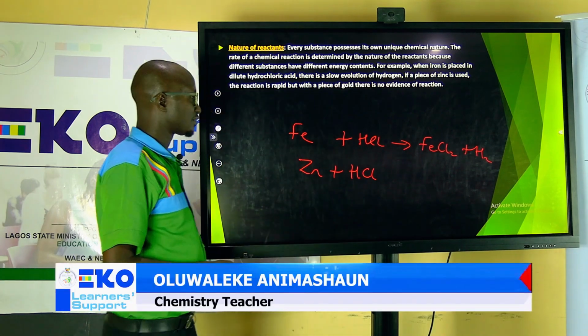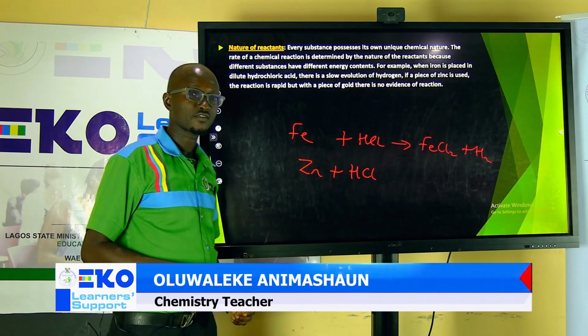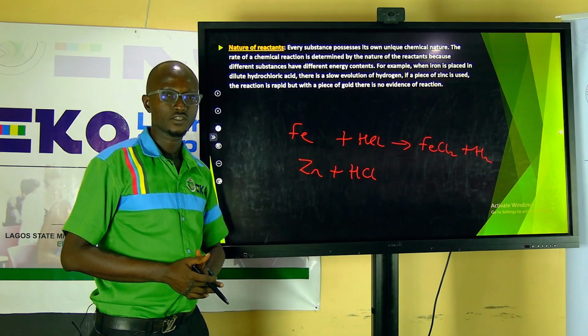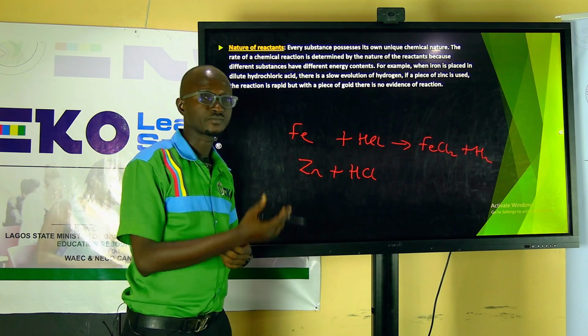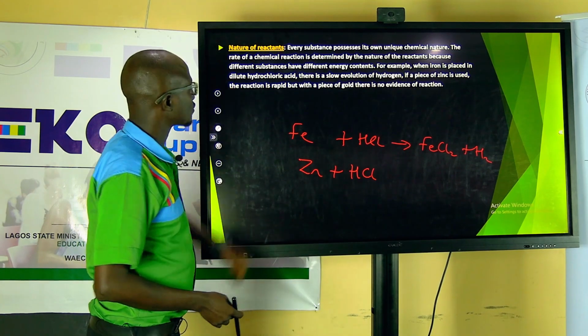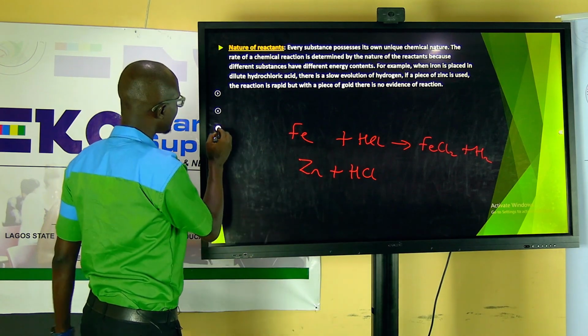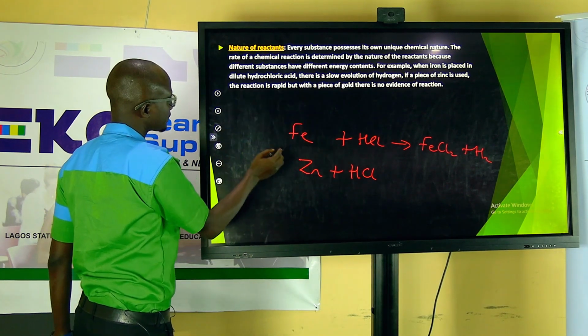There's a reason for that: gold cannot displace hydrogen from hydrochloric acid. Gold is below hydrogen in the electrochemical series. So that's what nature of reactants is telling us: different reactants with their different characters.